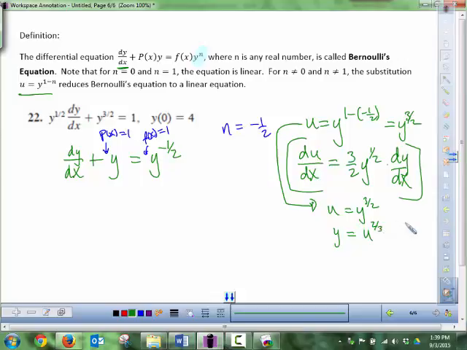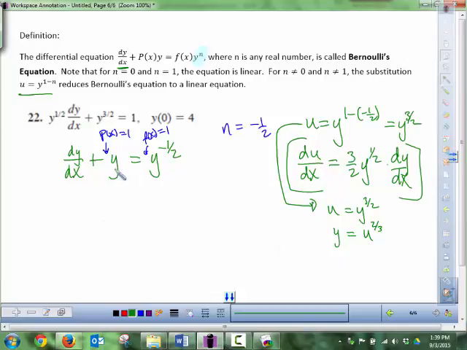Is that right? I've got to think about this for a minute. I think it's right. Yeah, okay, square root of both sides and cube root. Okay, so that's right.